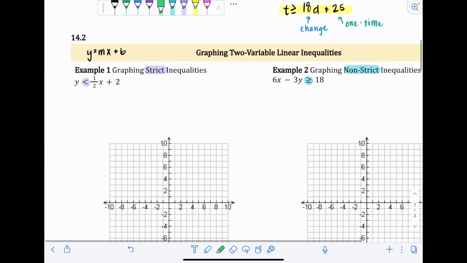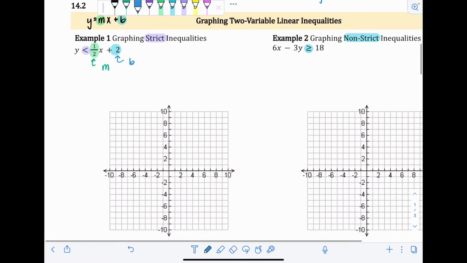Okay, so we want to figure out what m is. That's the number being multiplied by x. So in this case, m is 1/2. And then b is called a constant. It's a number that doesn't have a variable next to it or being multiplied by it. So b is going to be 2 in this case. If it was a minus 2, that would make b negative, so just be careful with that.